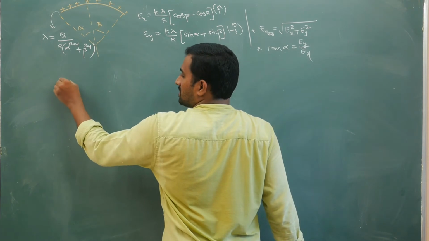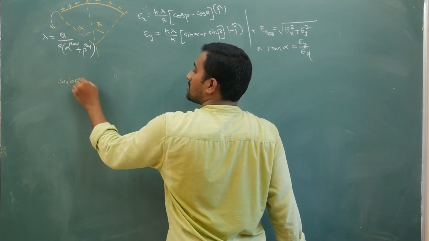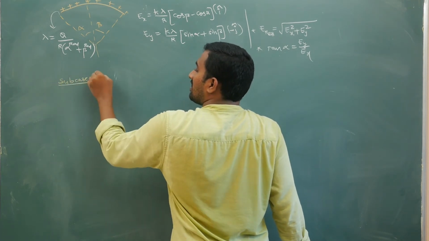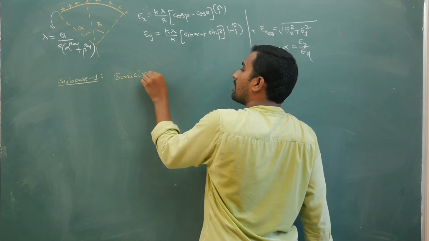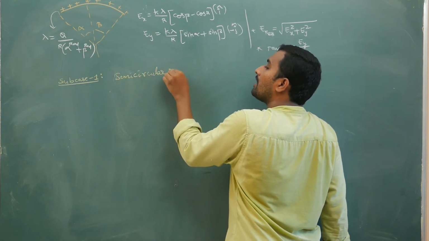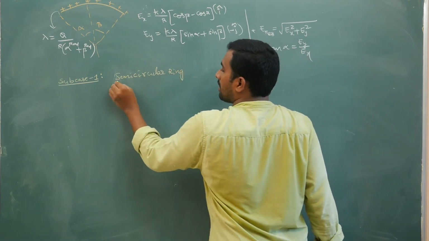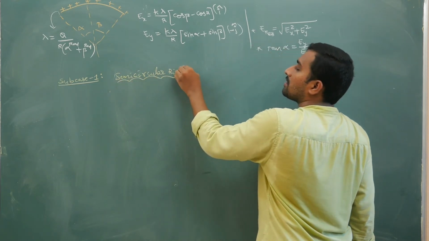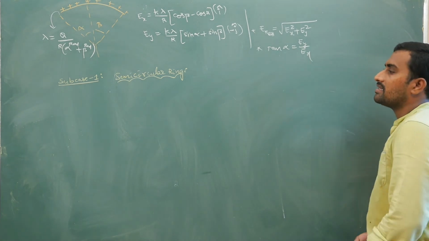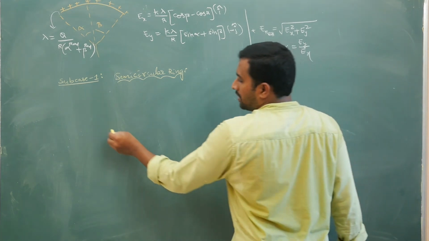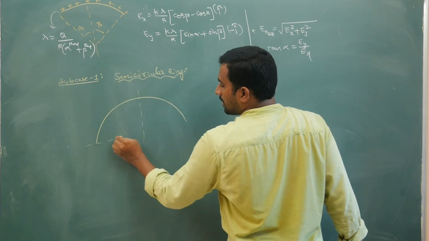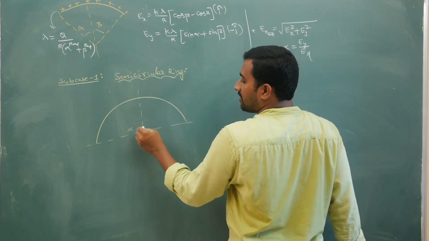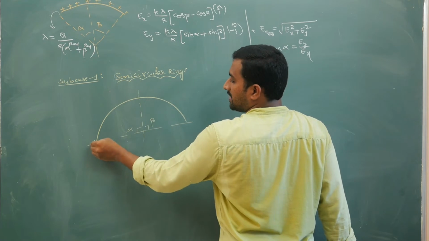Your first subcase is, let us say you have a semicircular ring. If you are trying to calculate the field for this semicircular ring, for the semicircular ring this side angle is alpha, this side angle is beta.